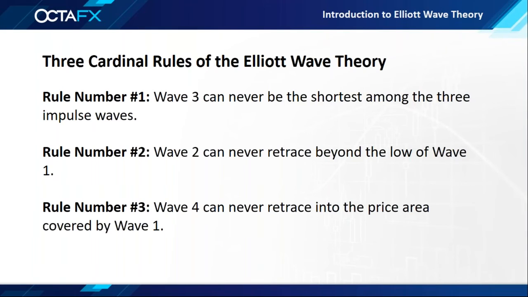And rule number 3, wave 4 can never retrace into the price area covered by wave 1. So these are unbreakable rules, and when you're getting into Elliott wave analysis, it can often be a process of deduction, making sure that none of these rules are broken in order to identify the pattern as a genuine cycle.